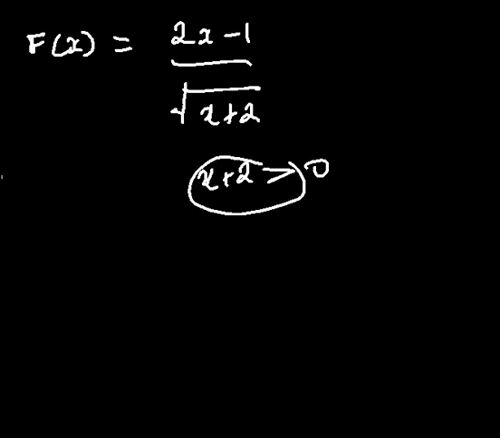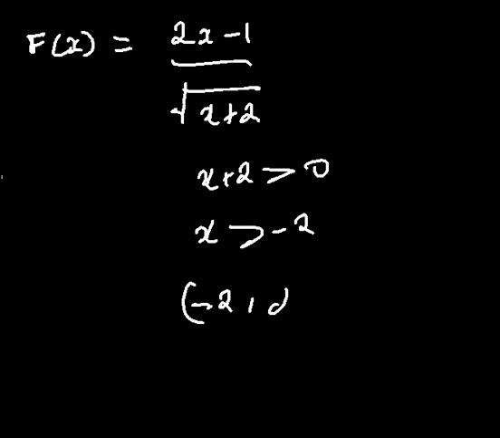This is the condition we use if we have a fraction with a square root on the denominator. For this case, what we have is a linear inequality. Hence we have x greater than -2, and in interval notation, we have it as negative 2, not part of the interval, to positive infinity. So that's how we should have it there.